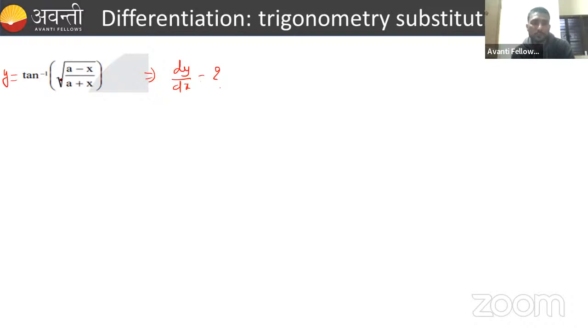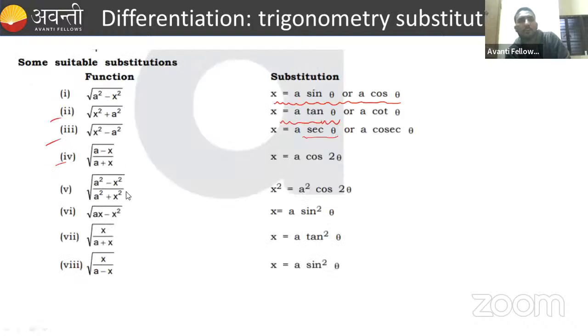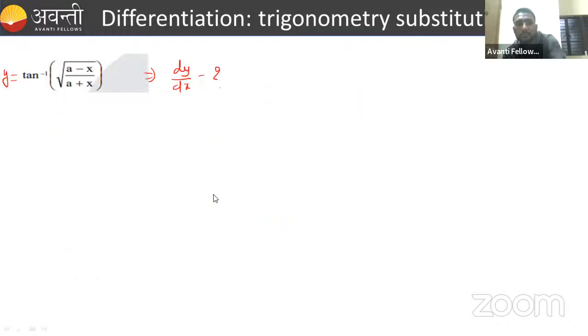We know that it is root under (a minus x) divided by (a plus x). Just now we have seen the format: if it is root under (a minus x) divided by (a plus x), we can take x equals a cos 2 theta. So let x equals a cos 2 theta.